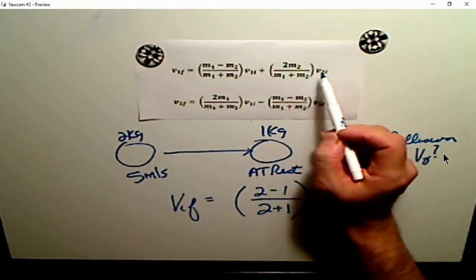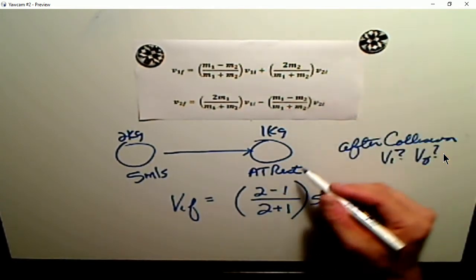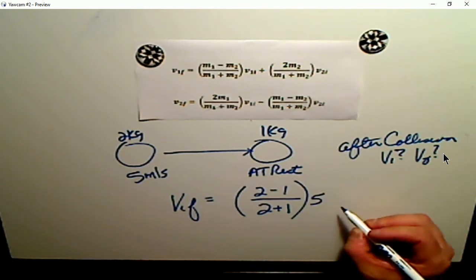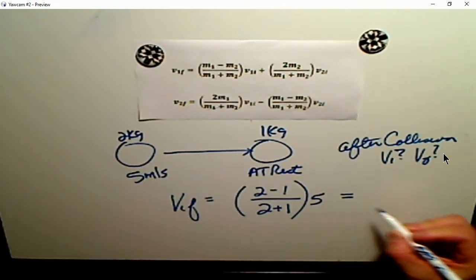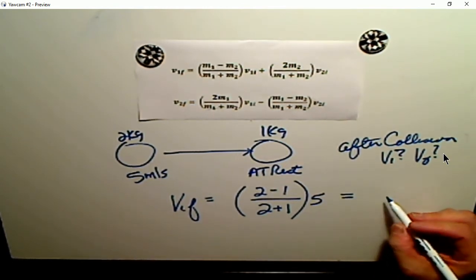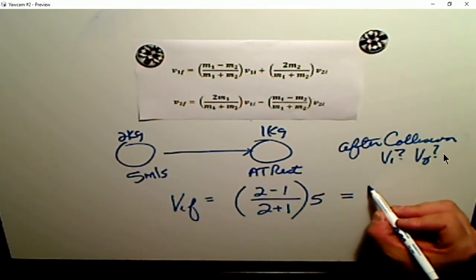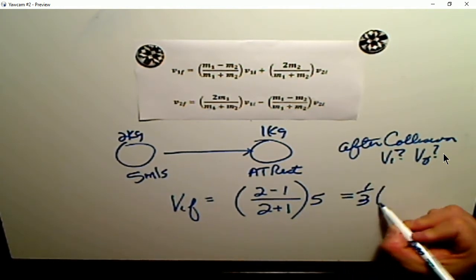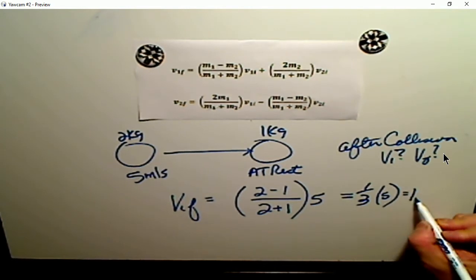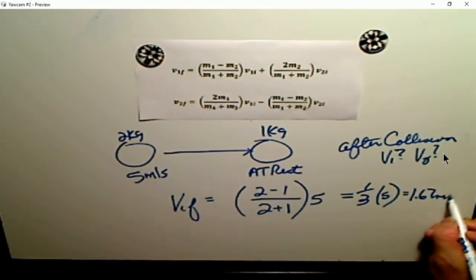Now I could do this second equation, but we know the velocity, since it's at rest, that's going to be equal to 0. So the velocity of the first ball is going to be something like 1/3 times 5, 1.67 meters per second.